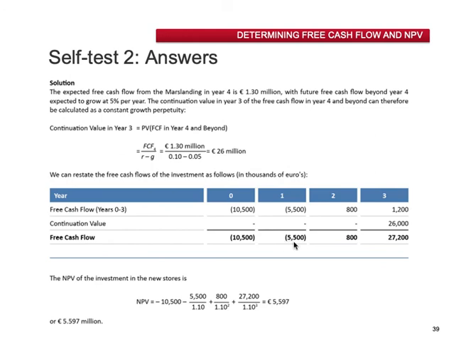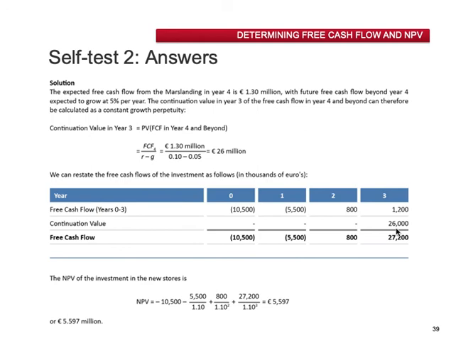In year 2, we have a positive one of 800,000. In year 3, we also have a cash flow coming in of 1.2 million. But we also need to include the 26 million of terminal value at T3. Remember that the 26 million represents the present value of all future cash flows in year 4 and onwards.